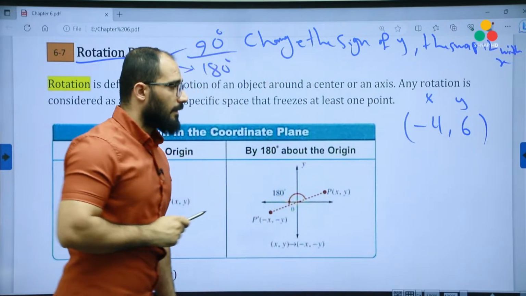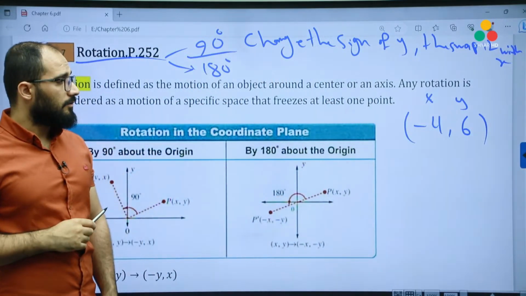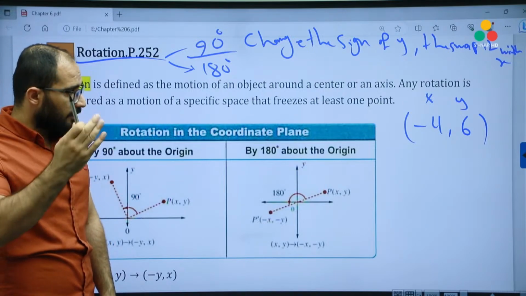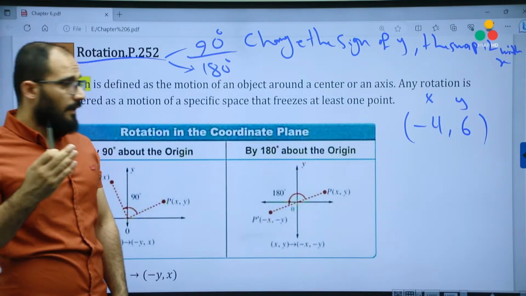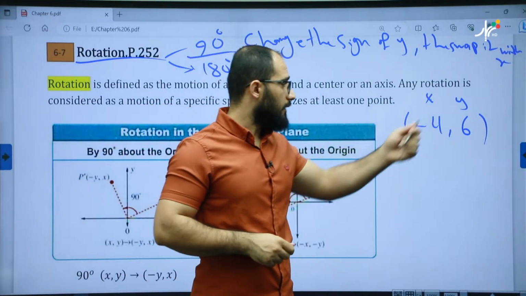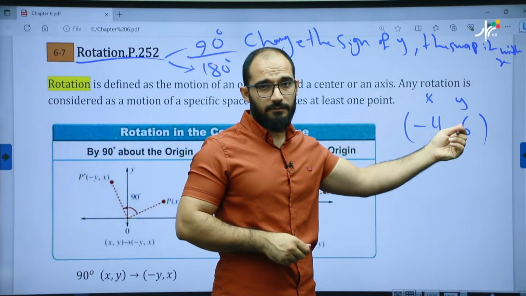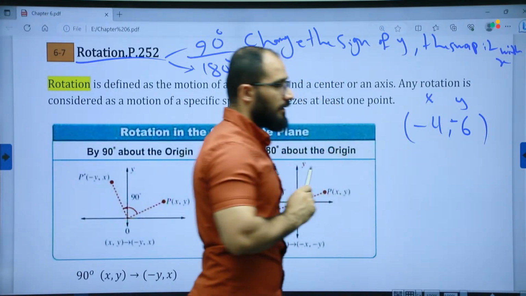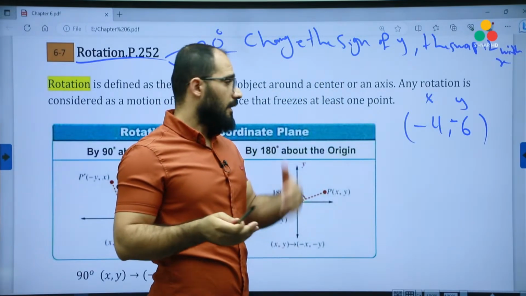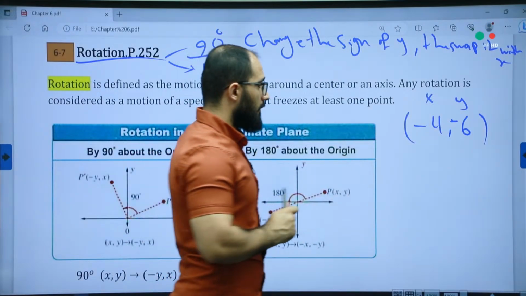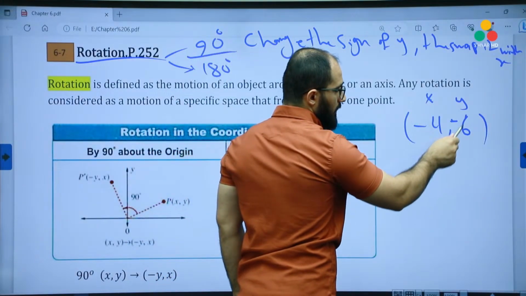The rotation is 90 degree. How to write it? Change the sign of y. Look at y. Is it positive or negative? Positive. So change it to negative.